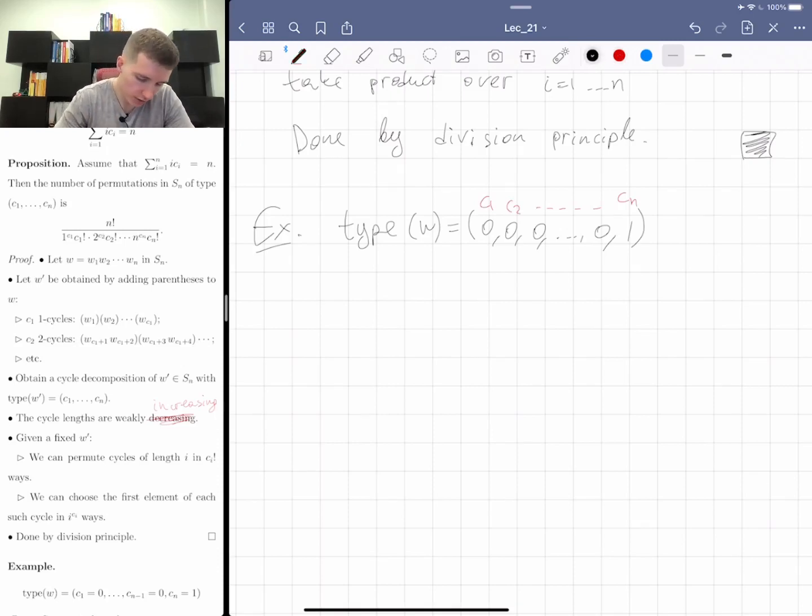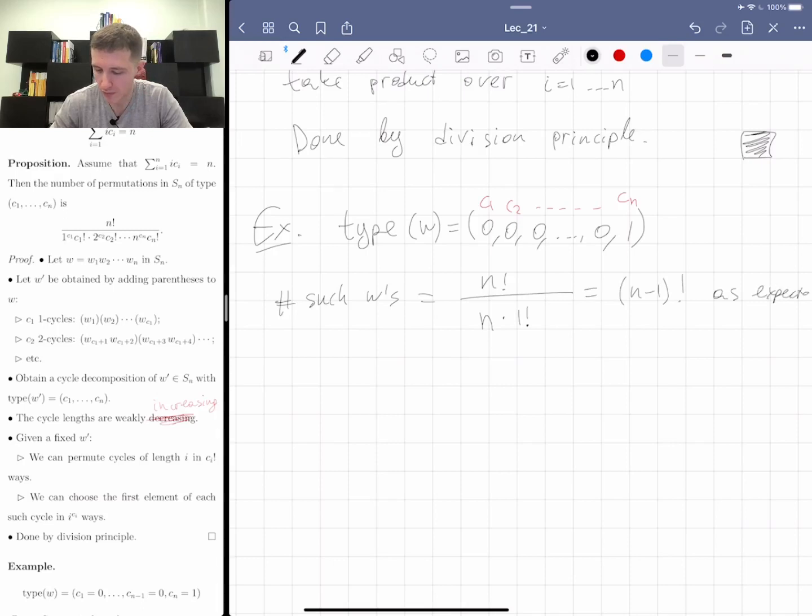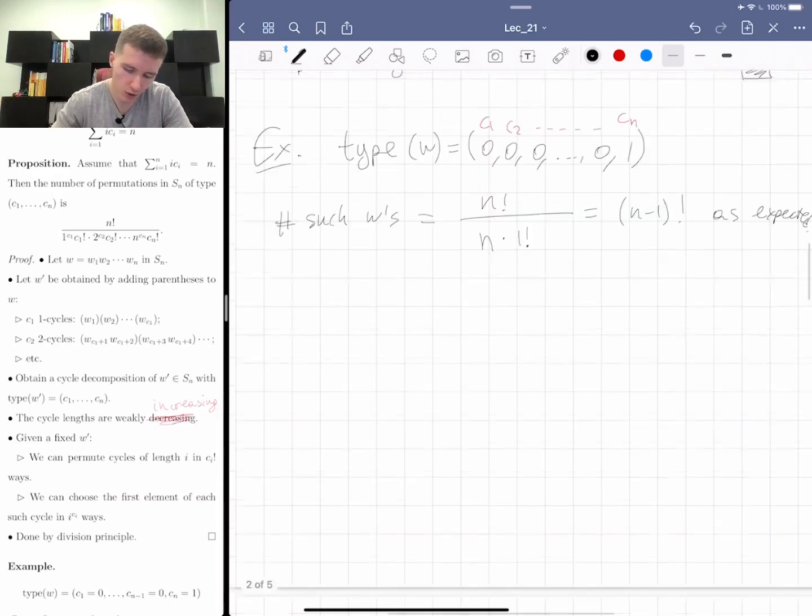If I just literally use this formula, the number of such w's is n factorial over, each of these c_i's is going to contribute just 1 because they are all 0. But the last one is n to the c_n, so n to the first times 1 factorial. And the answer is (n minus 1) factorial, as expected, because that's the number of permutations of n which are single cycles.